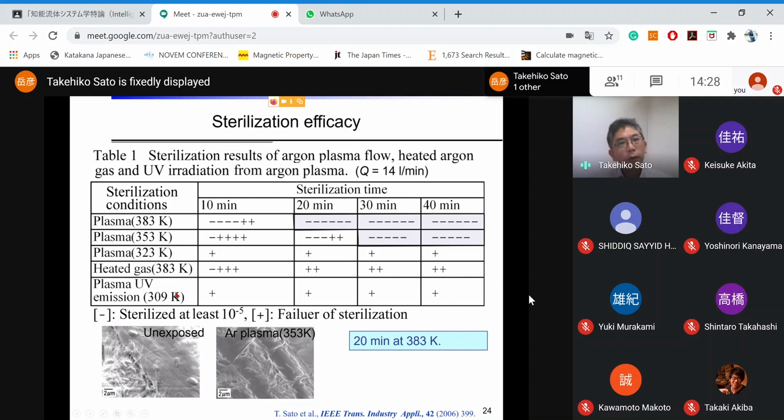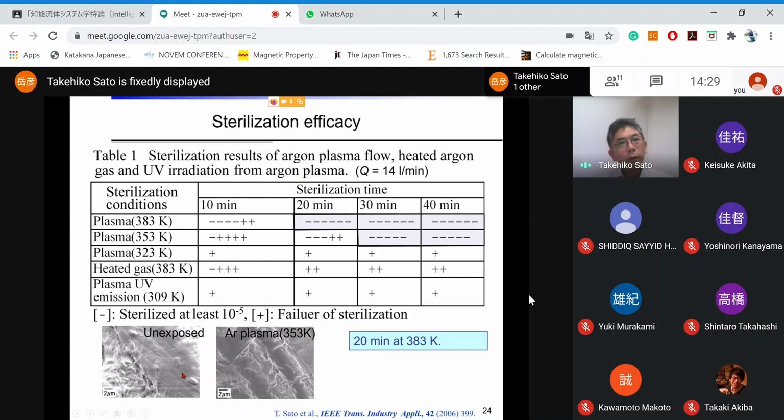And also UV, we couldn't get this, because UV, of course, has a very good effect to kill the bacteria, but if there is a shadow somewhere, partly, in that case the bacteria cannot be killed. So UV is a very good method, but it has some problem to expose. So that's the reason why UV isn't used for the sterilization.